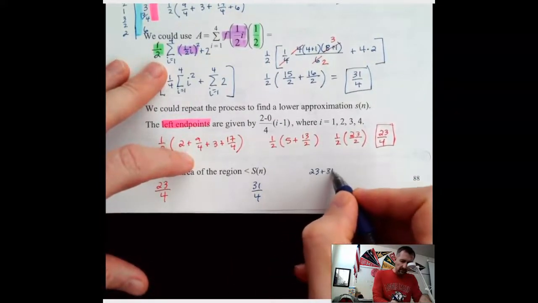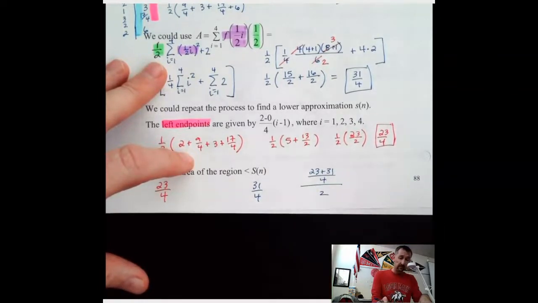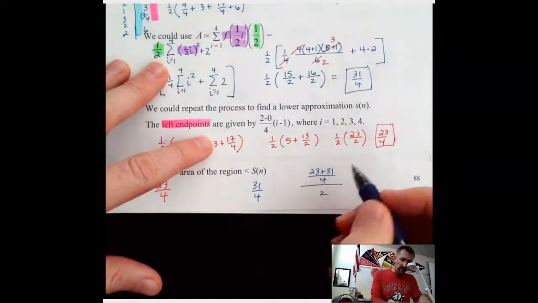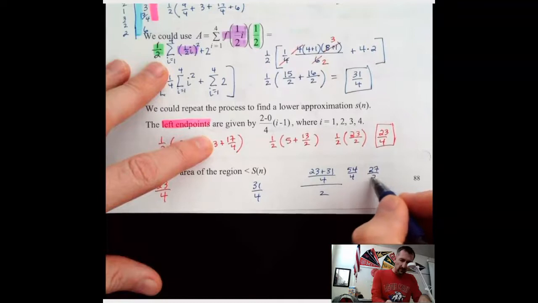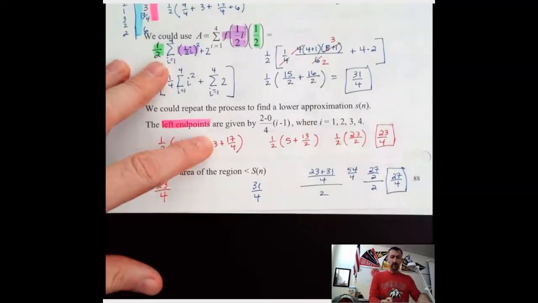So we could add those together and then divide that by 2. So that would be 54 over 4. So 54 over 4 is 27 over 2. So that would be 27 over 4.